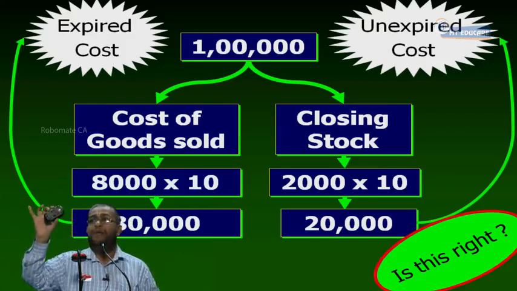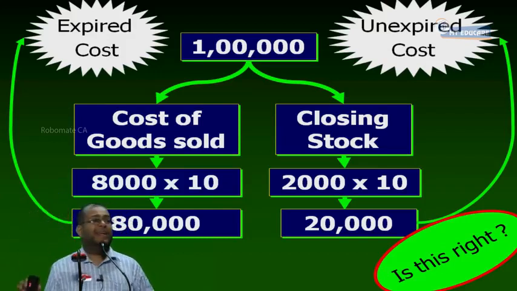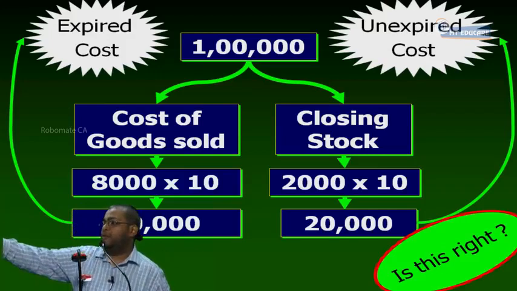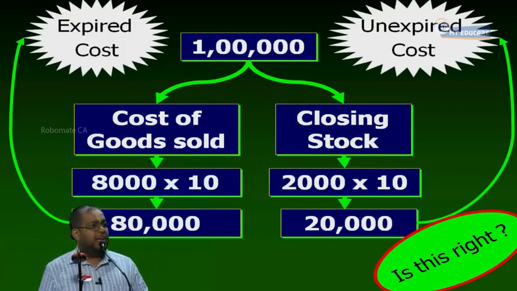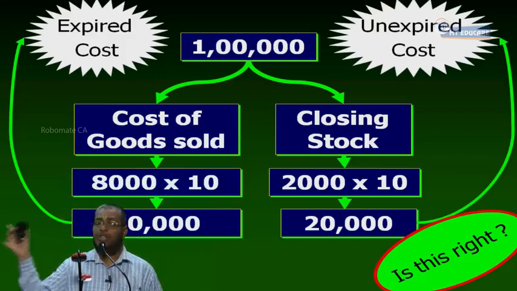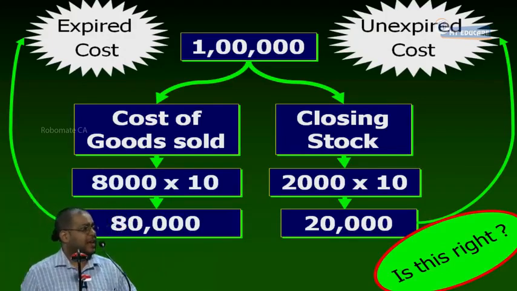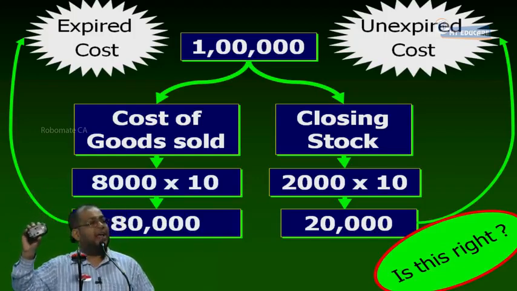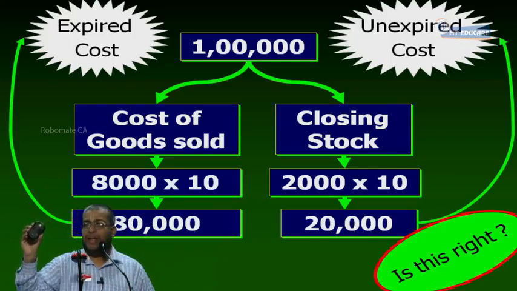Suppose I produce a mouse. I did not sell it. This mouse will be in my closing stock or not? Somebody asked me, sir, what is the value of this mouse in closing stock? Will I value the closing stock at selling price of the mouse or cost price? The mouse consumes a material or not? Yes.